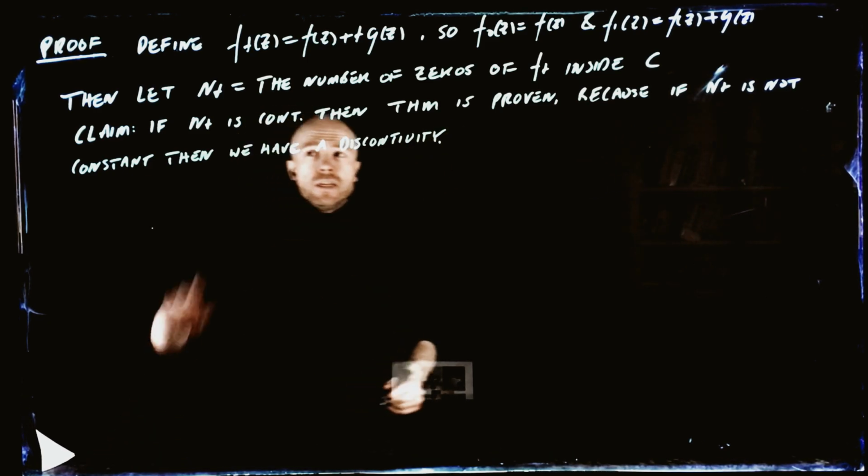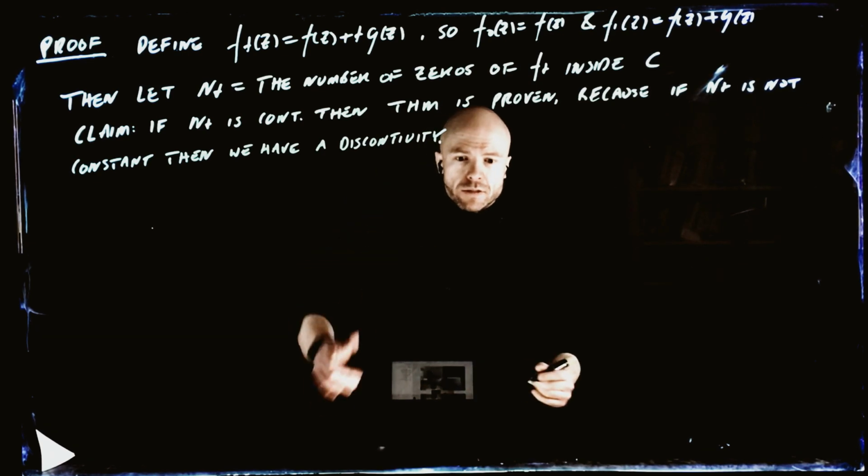Okay, so it's enough to show that this n(t), the number of zeros of f_t, is continuous. Yeah?